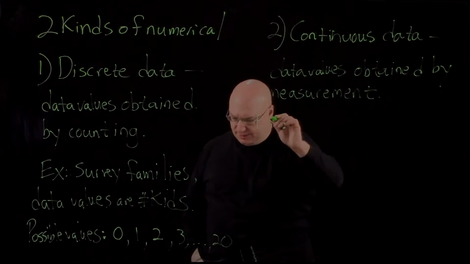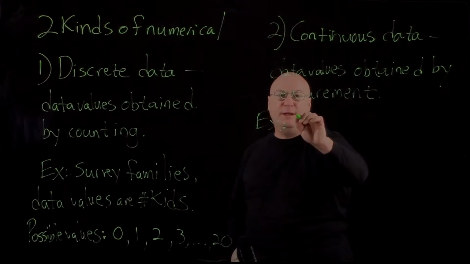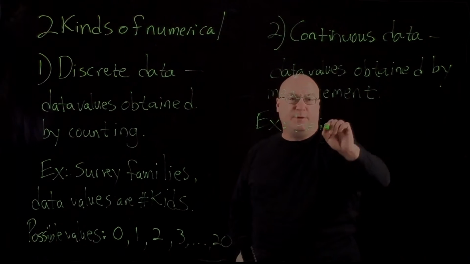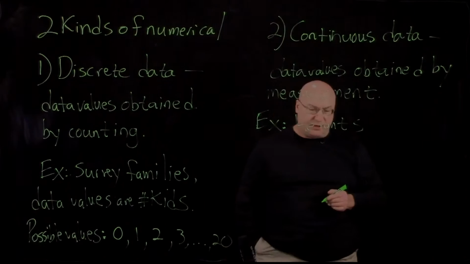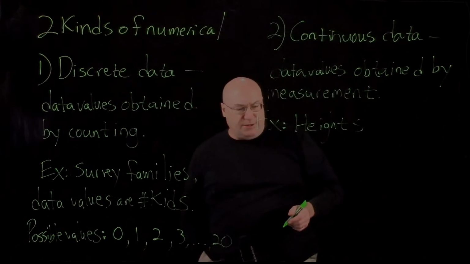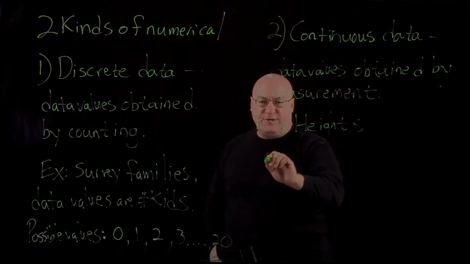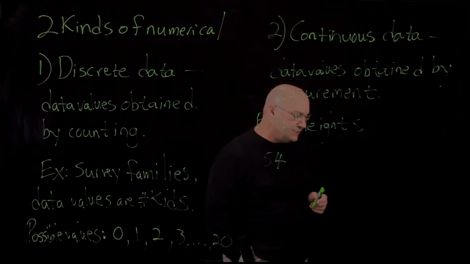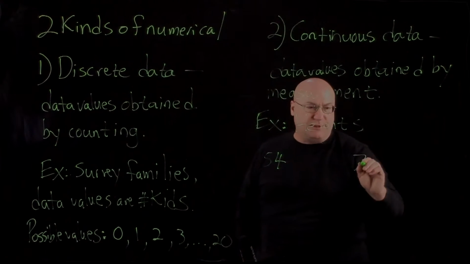Example. Well, maybe heights of people. All right, so we take a bunch of people and we measure their height. Maybe the shortest person we measure is 54 inches, that's 4'6", and suppose the tallest one is 6'6", that'd be 78 inches.